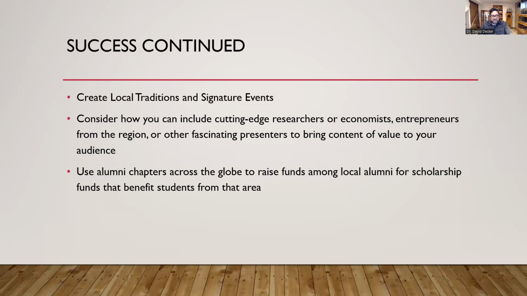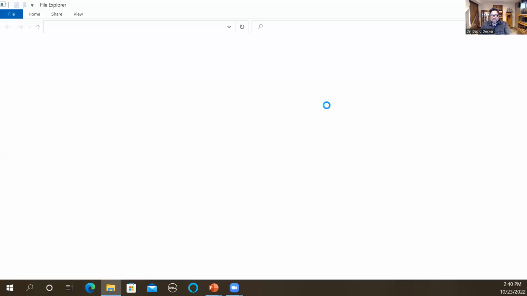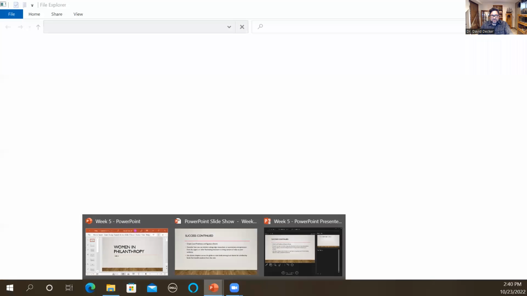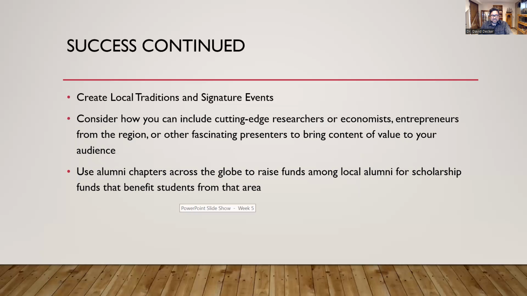This is not unlike what we were talking about with underrepresented populations, students of color, where you're providing those opportunities so that they can send folks to the university that are more like them than not. So this is the same idea, allowing them to give local, to give to something that they know and have benefited from.